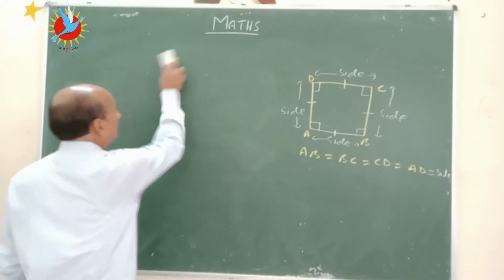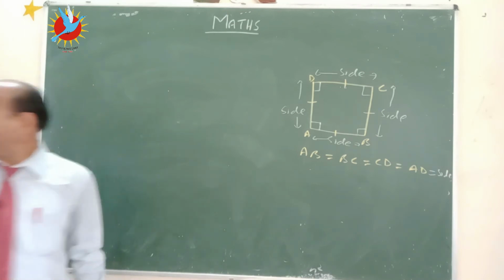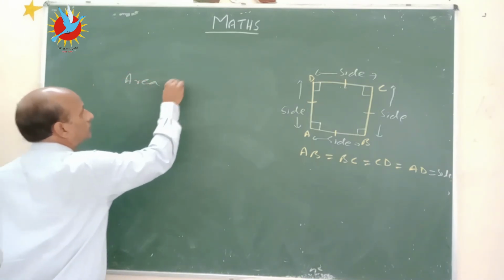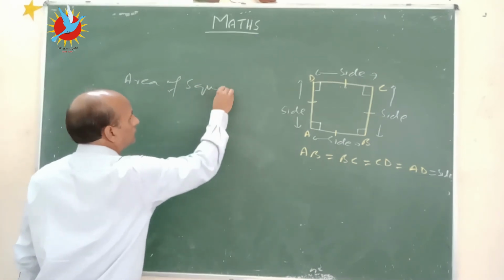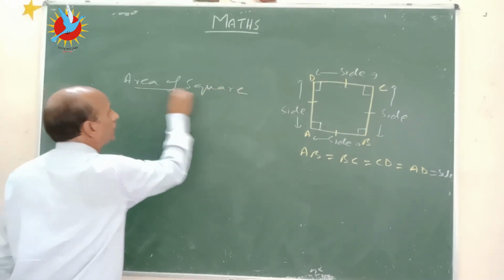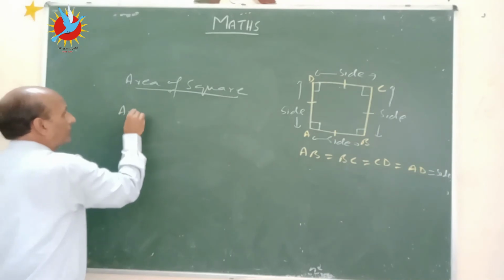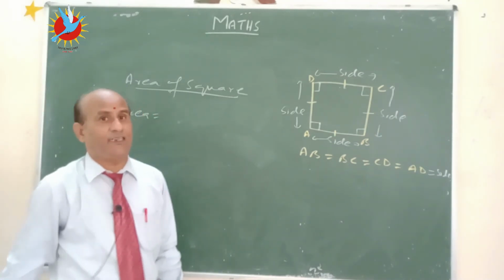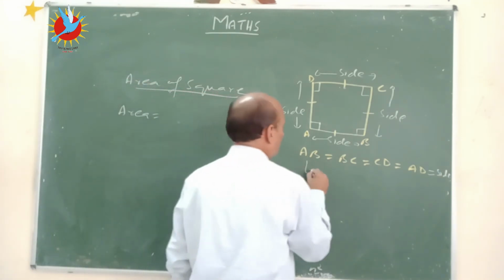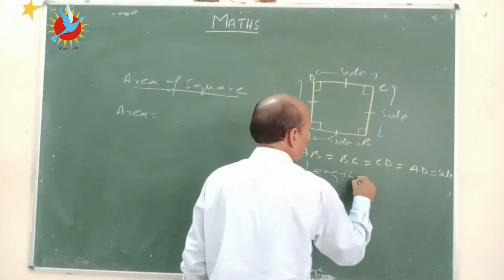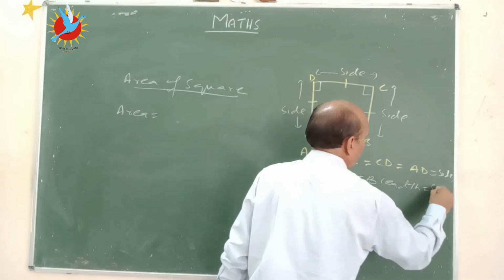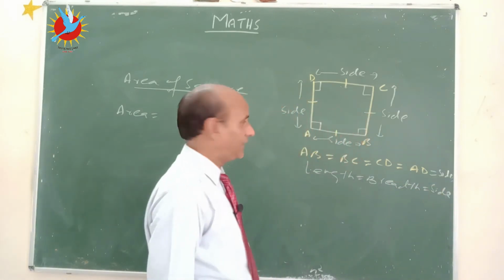Now how to find the area of a square? Now again, if we use the formula of a rectangle, here length and width both are equal in a square, and we have taken them as side.